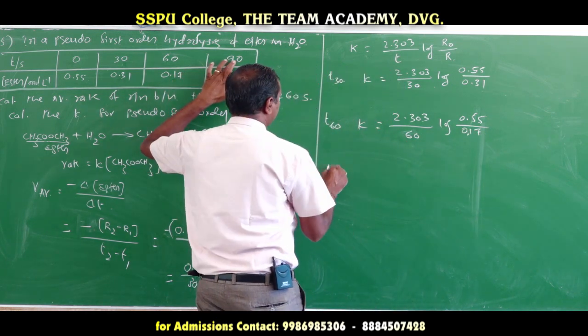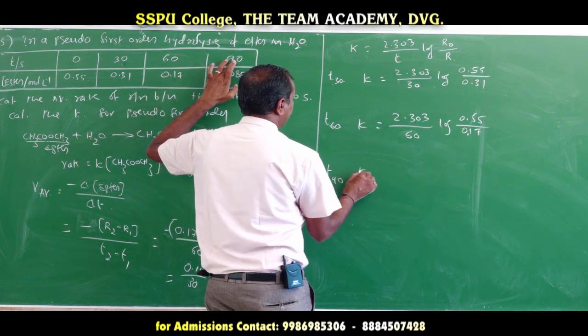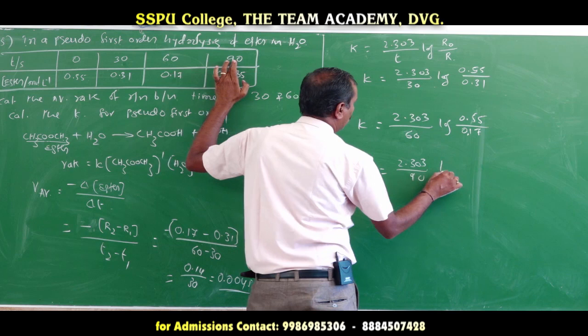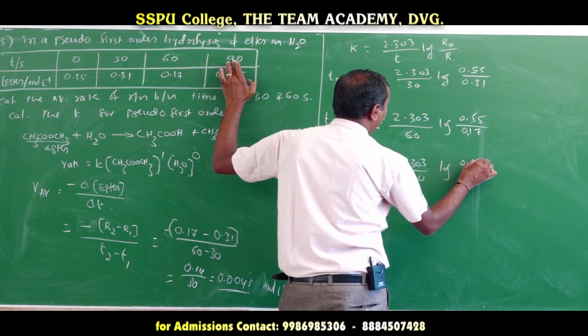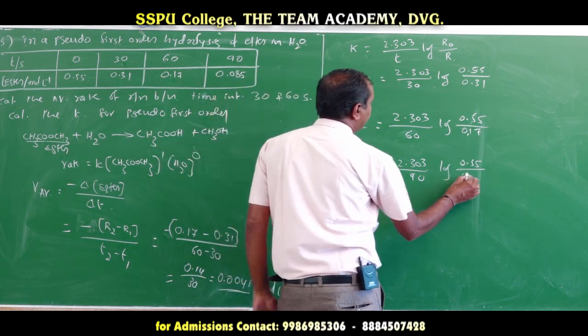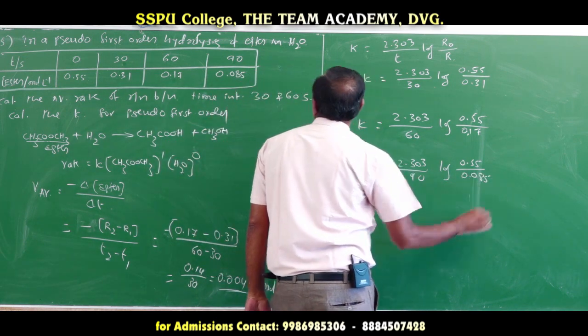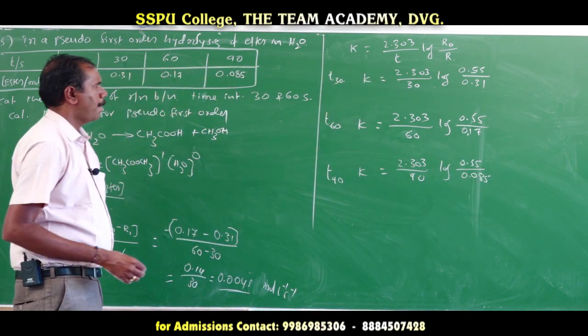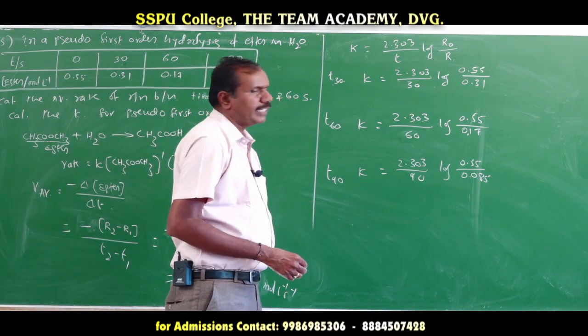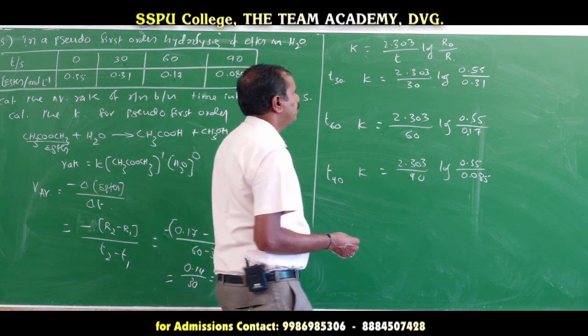Then at 90th minute, K is calculated by 2.303 by 90, log of 0.55 divided by the concentration left at that time, 0.085. Usually the K value remains constant, then it is first order kinetics.